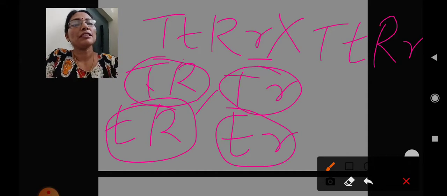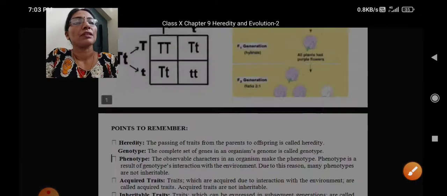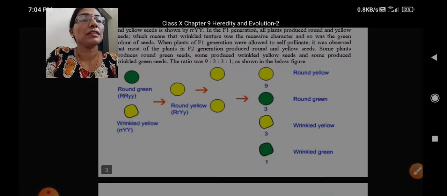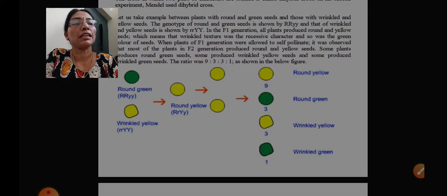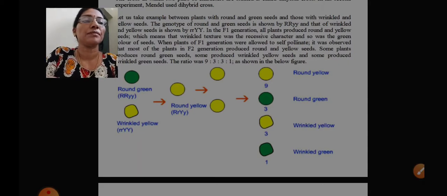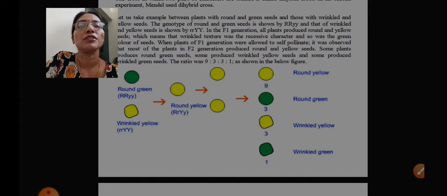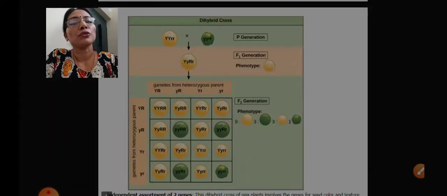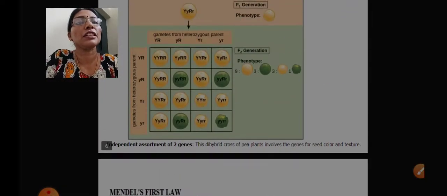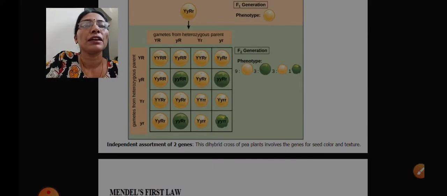In this way, you can see 16 different types are formed. 9 plus 3 plus 3 plus 1, total 16. They are formed in the ratio of 9:3:3:1. So this is dihybrid cross. Through this dihybrid cross, Gregor Mendel proved this.